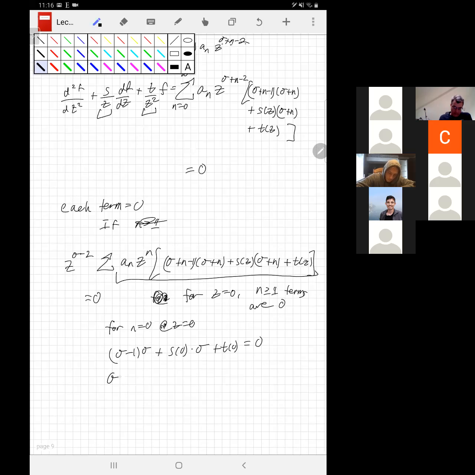And this is a quadratic equation, similar to what we got with the Euler equation. And we will pick up with this on Monday.